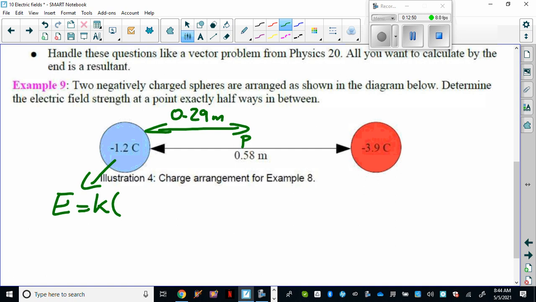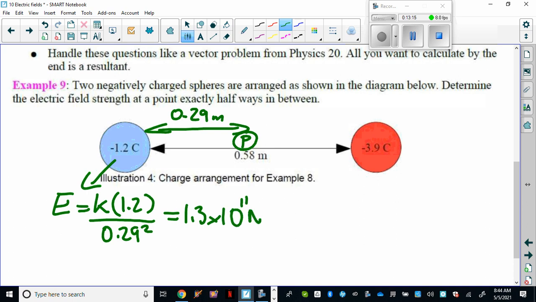Instead of putting 8.99 times 10 to the negative 9, I'm just going to put K and 1.2, and the distance is 0.29 because we want the electric field strength at this point here, point P. Therefore, we use 0.29, the halfway point. We multiply all that together, and we get 1.3 times 10 to the 11 newtons per coulomb. So a pretty strong electric field. Then we're going to do the same thing for this guy right here.